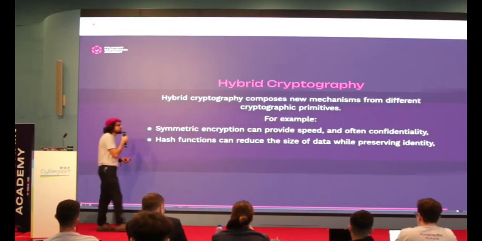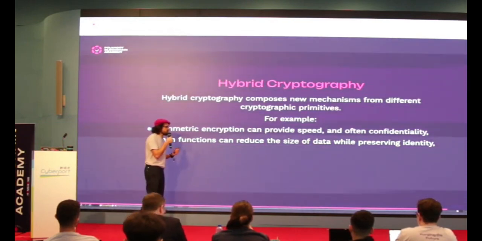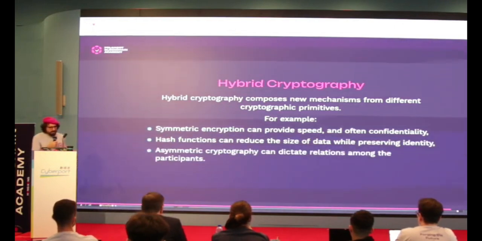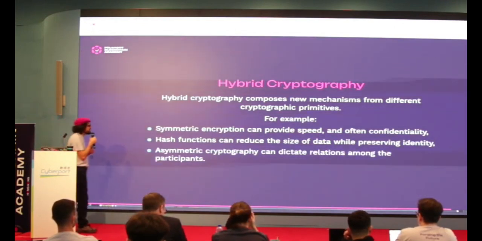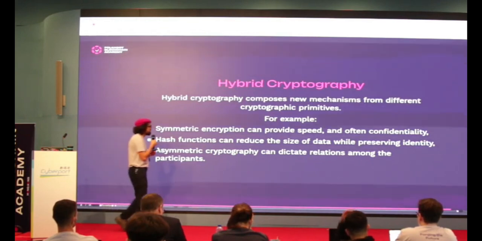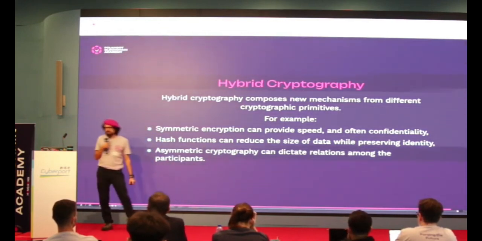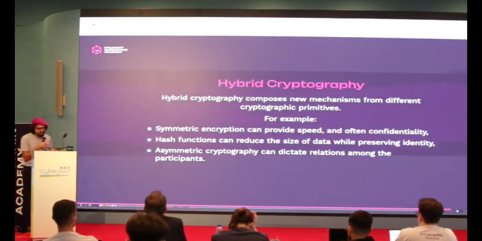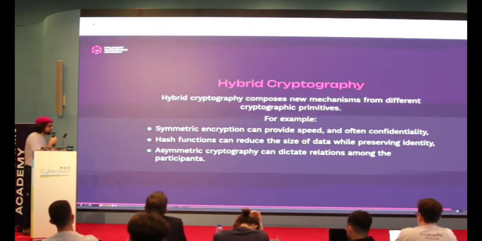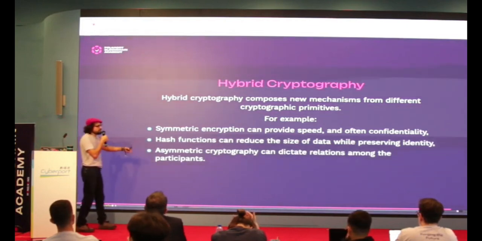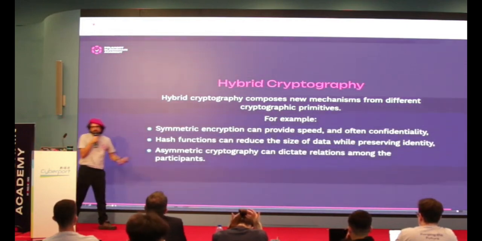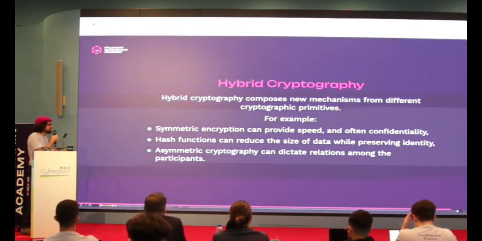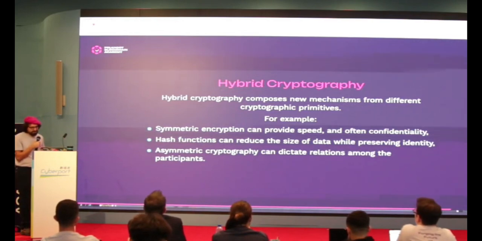The hash function can help us decrease the size of the data for representation of it. And asymmetric cryptography can dictate the relationship between the participants, which symmetric cannot do because it's just a shared secret. Using all together, I can have a system that takes benefit of all these subparts and gives me better performance and better user experience.